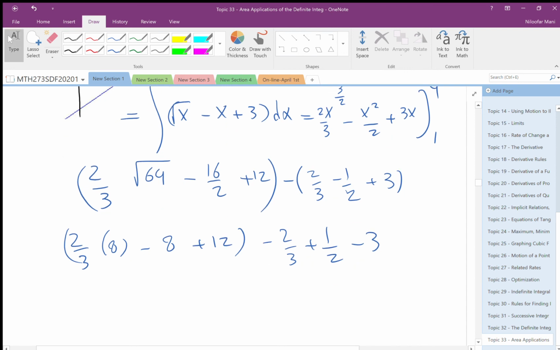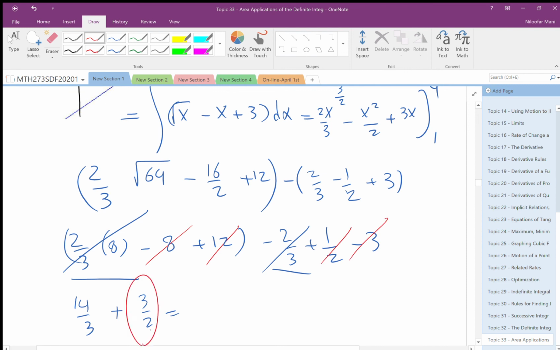So it is 16 divided by 3 minus 2, so it's 14 divided by 3, this and this. Then minus 8 plus 12 is 4. 4 minus 3 is 1. So plus 3 over 2. So 12 minus 8 is 4, 4 minus 3 is 1, 1 plus half, 1.5.